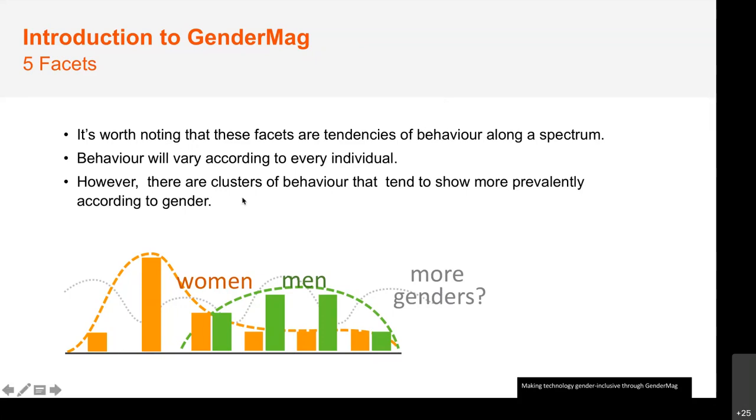What we tend to see is a little bit like this graph. So we have a spectrum of behavior, perhaps from low to high or the other way around. And women tend to cluster towards one end, but there are some women who are very much on this side of the spectrum, and men might cluster more towards the other end. And, you know, we have some things in between that might indicate that you have more genders or people that are just somewhere in the middle.